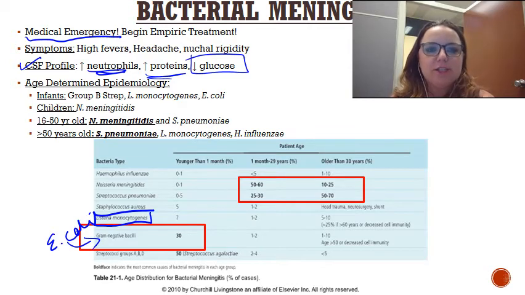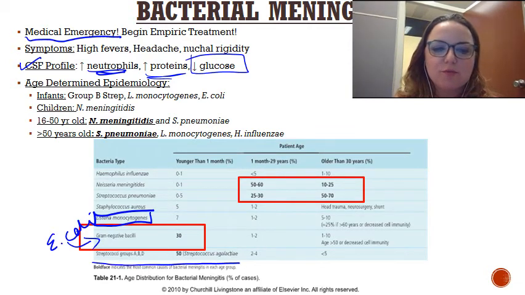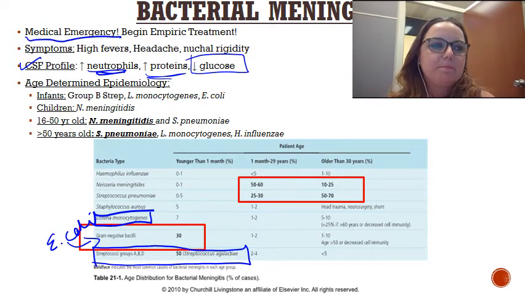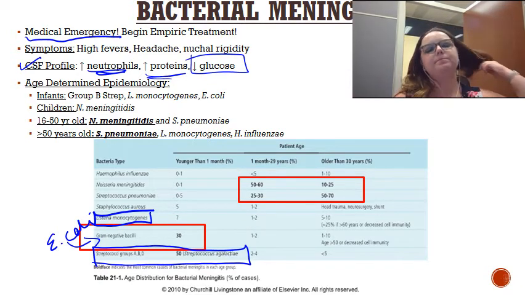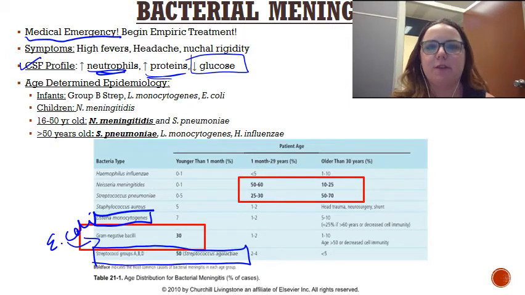So if your patient is less than a month old, for the most part, you're looking at group B strep, Streptococcus agalactiae. Patients can technically get group B strep up to about 3 months old, and that's kind of late onset. But early on, 50% of those cases are going to be group B strep.